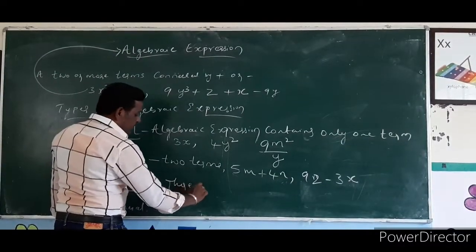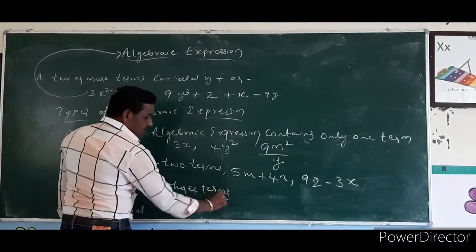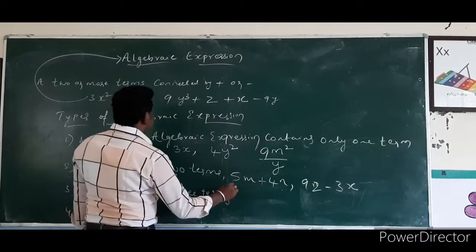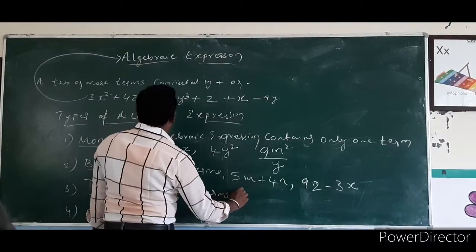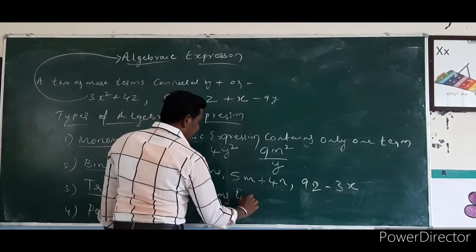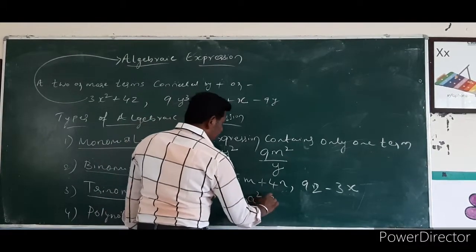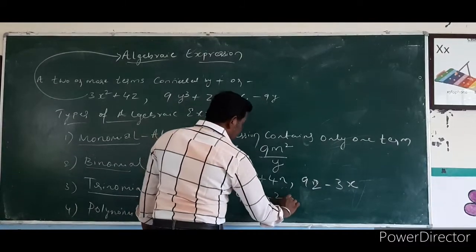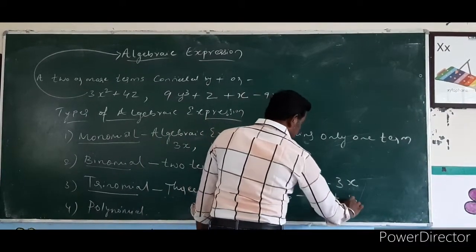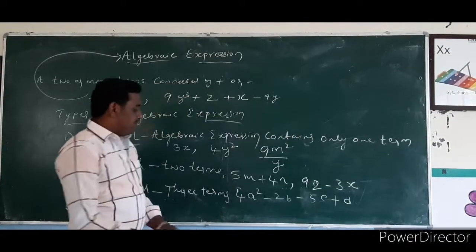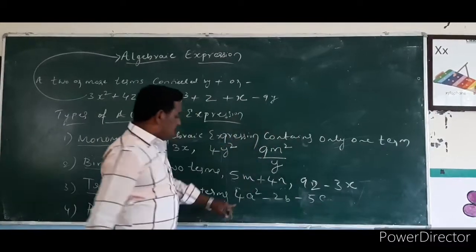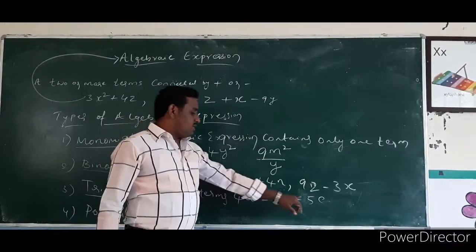Similarly, the name trinomial itself says three terms, so it is connected by three terms. If I take one example, 4a square minus 2b minus 5c plus d. Look here, it is connected, three terms. It is connected by 1, 2, 3.